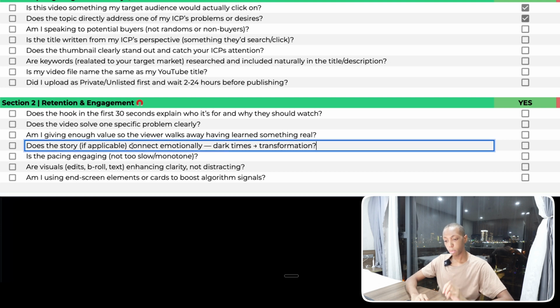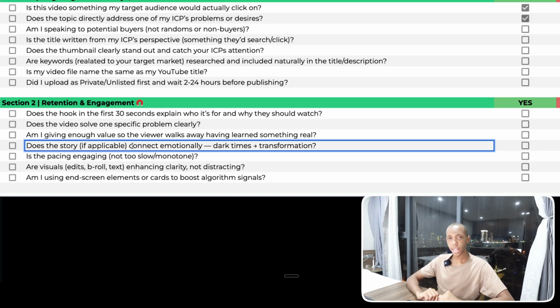You want to connect with the actual person watching really emotionally. Talk about your background, talk about how you grew from X position to your new position now where the viewer aspires to be, right? Because if that viewer was just like you in that position, they're most likely going to go into your offer because they're like, okay, this guy's the same as me. If he's doing what I'm doing and he ended up in this place, I can do the same thing, right? I'm going to go into his offer. He's exactly like me. I want help from him.